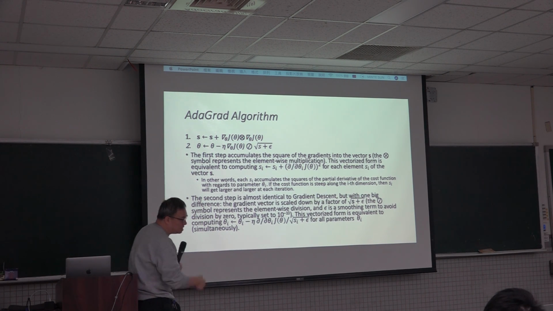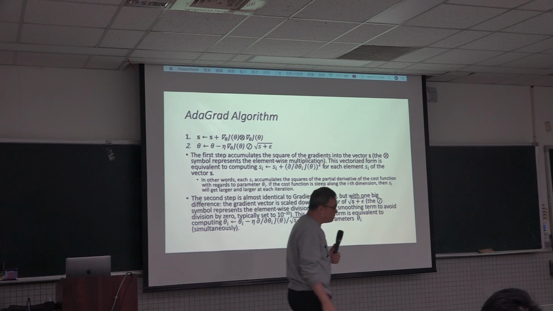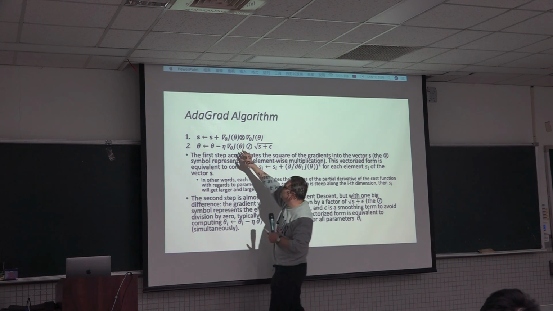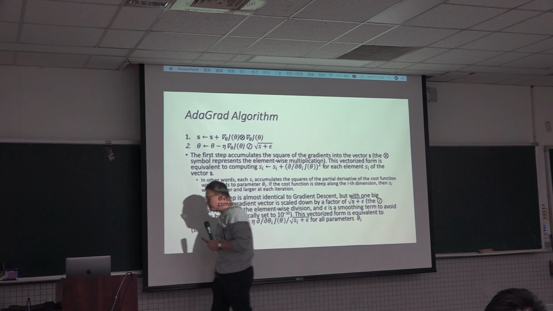So this multiplication is what we call element-wise multiplication. You might imagine it as an inner product, but I shouldn't say that, because an inner product multiplies each dimension and then adds them up. No, we don't add them up. We just multiply each corresponding dimension. It is still a vector.